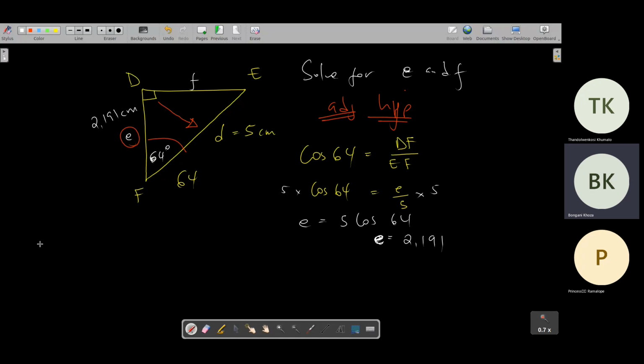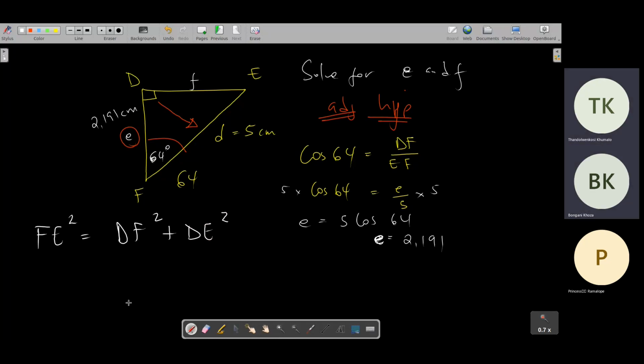So we could have just said FE squared, which is the hypotenuse, equals DF squared plus DE squared. Right?